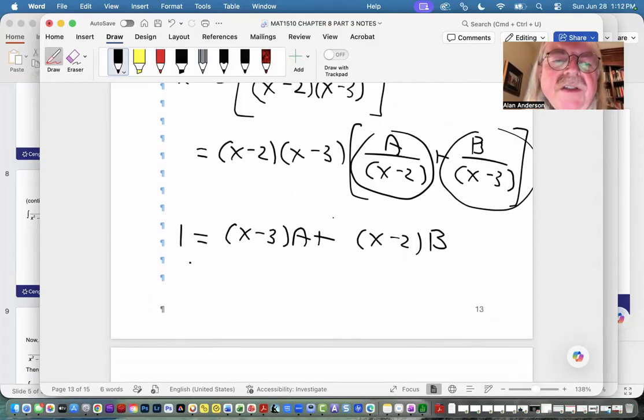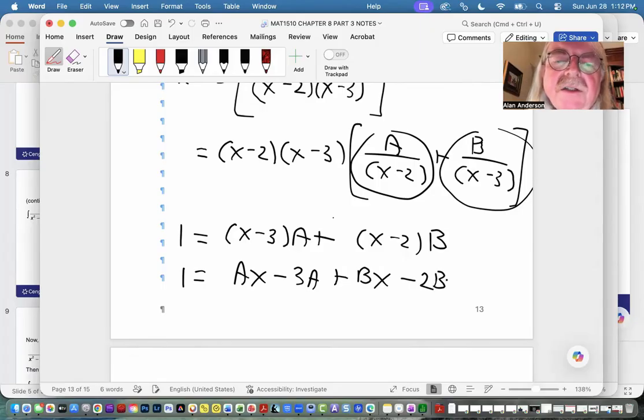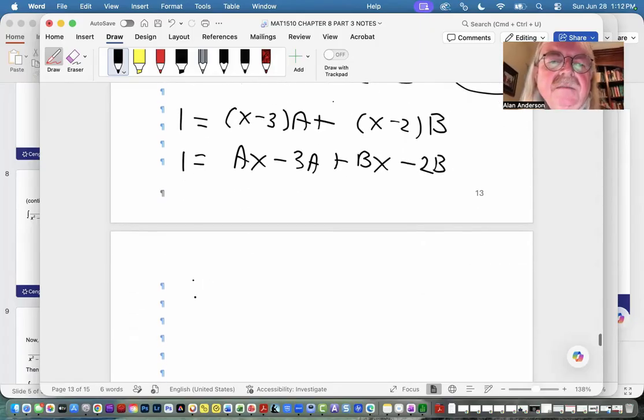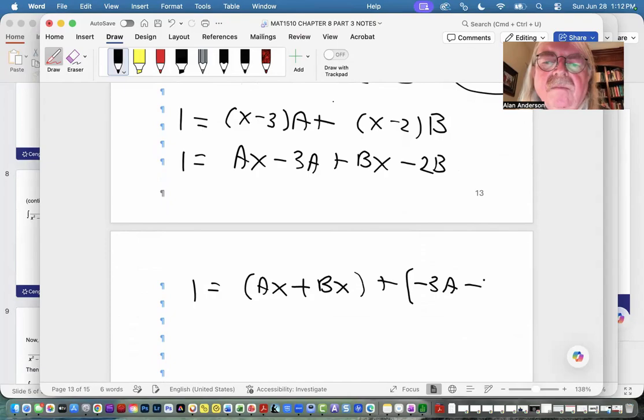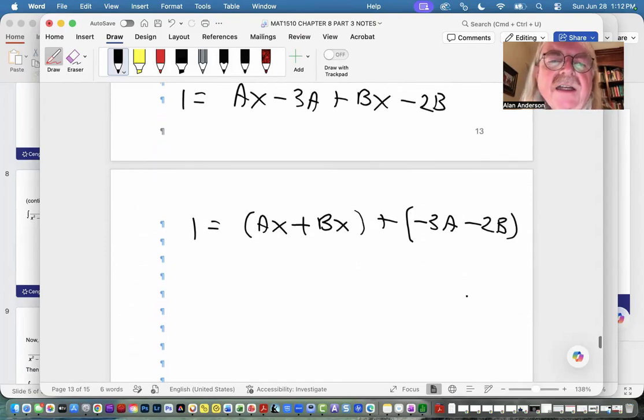So we rearrange these algebraically. Now we combine the like terms. And then we're going to factor out the x here.